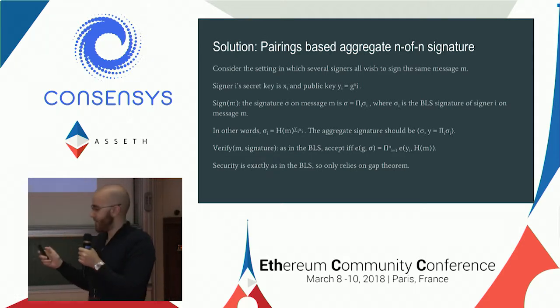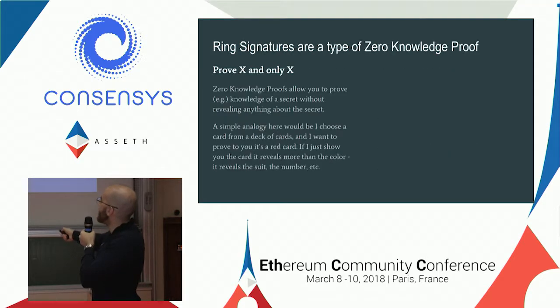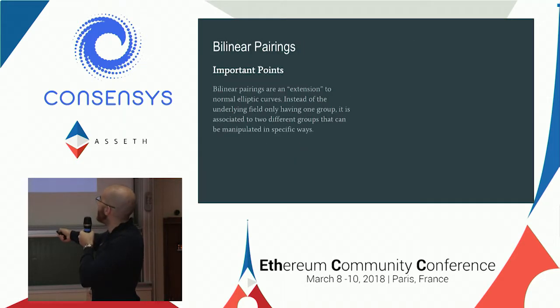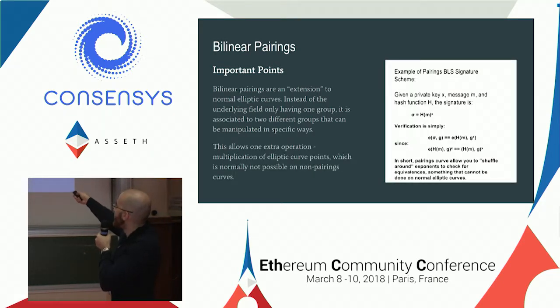So the signature here for each signer is the one that we went over, from BLS. So we take our private key, the exponent x, and we raise the hash curve point to the power of that, right?